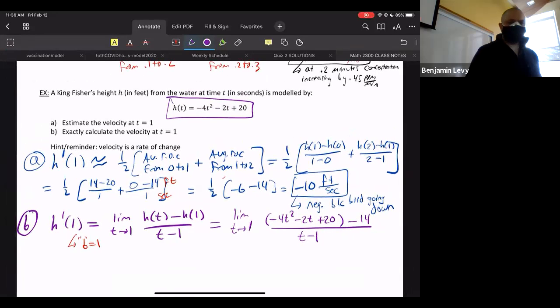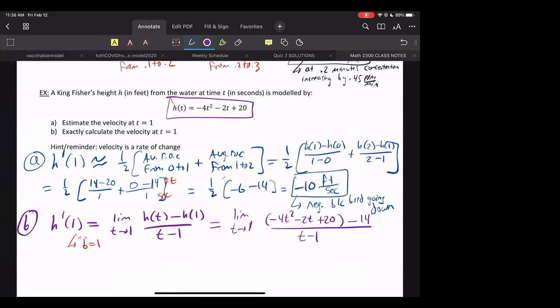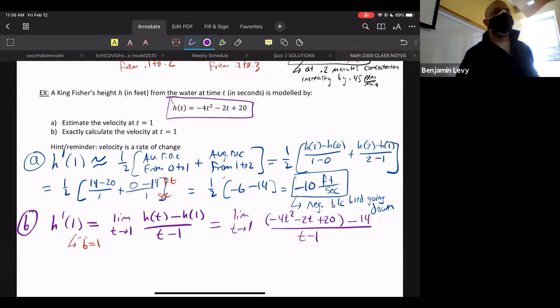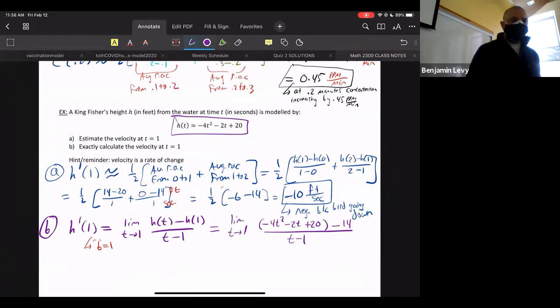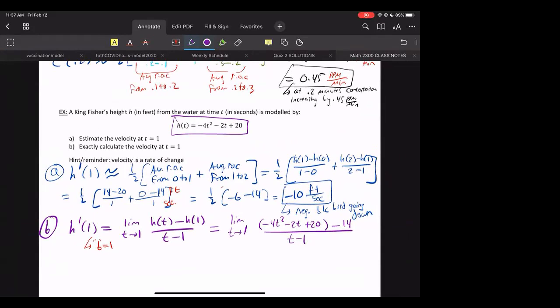What's that? Still can't really see it. Are you using a computer? Yeah. Are you in full screen mode? Yeah. How's that? I don't want to get too small here. It's okay. Okay.